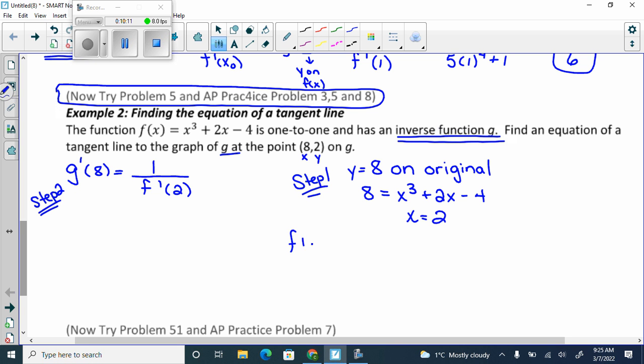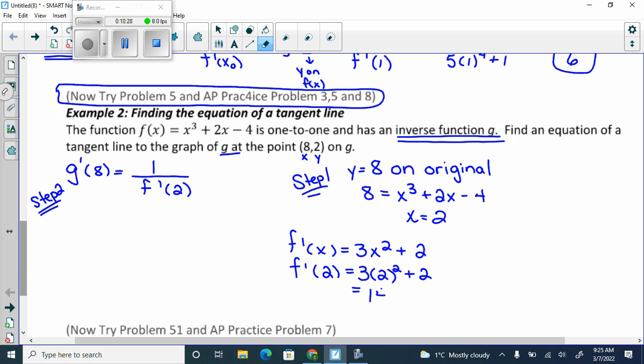F prime of x is 3x squared plus 2. F prime of 2 is 3 times 2 squared plus 2, which is 14.